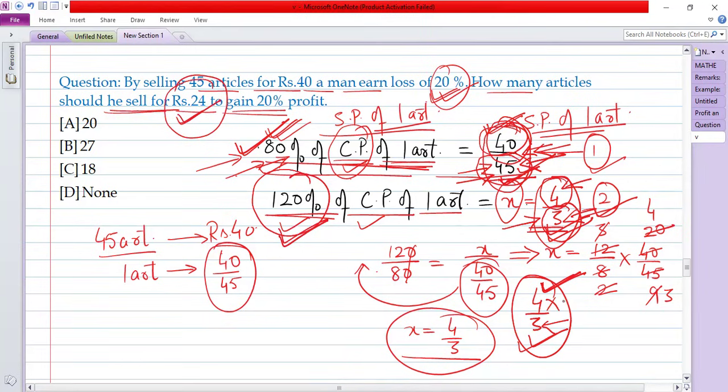For that, I must multiply this by 6. And if I am multiplying this by 6, 3 should also be multiplied by 6. So what is this now? It is 24 by 18. Means what is the answer here? It is 18. Means he should sell 18 articles for rupees 24 to gain the profit of 20%. Okay.